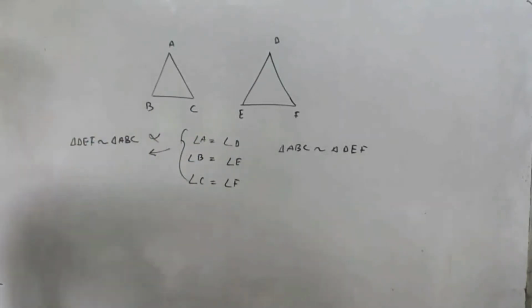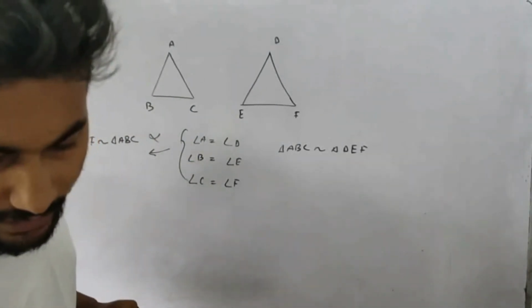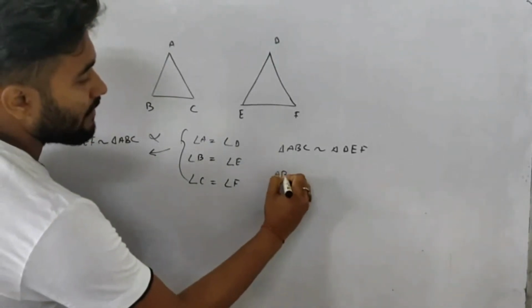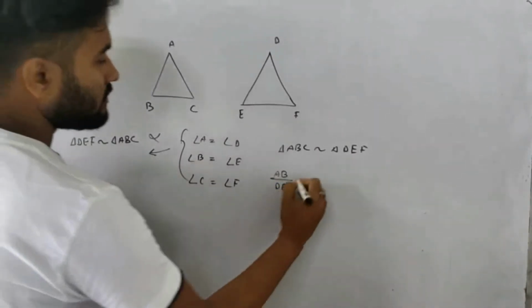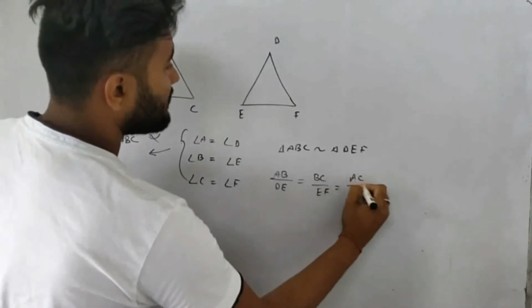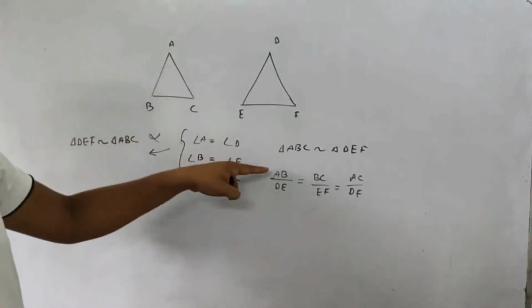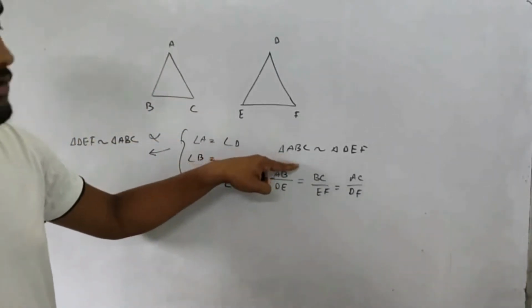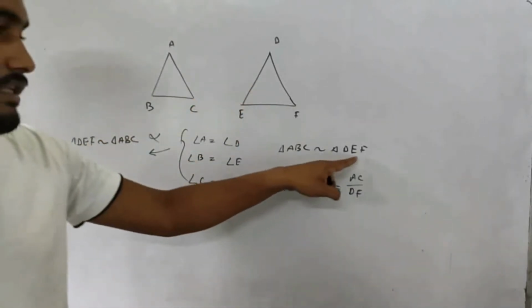Okay, this thing done. Similarly for the sides, if you have written AB by DE is equal to BC by EF is equal to AC by DF, if you have written the sides of this triangle above, then this triangle will stay first. And if you have written the sides of this triangle below, this triangle will stay second.